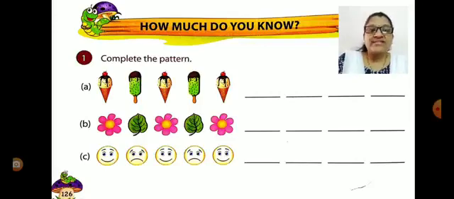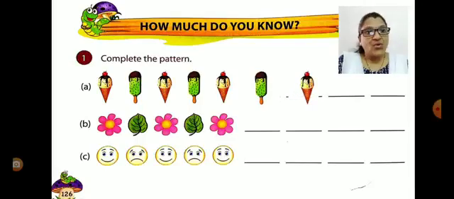What pattern do we see here? Here, ice cream cone and candy is repeating one after other. So, after ice cream, what will come? Yes, candy. Then next, ice cream cone, candy and ice cream cone.